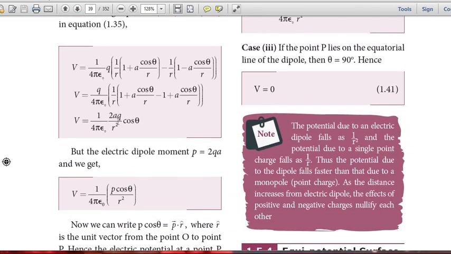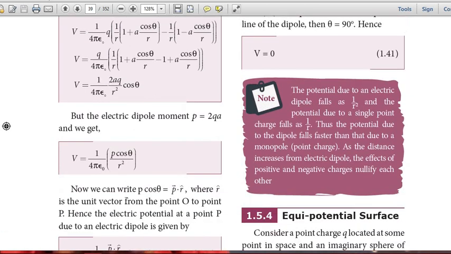We already know the formula for the electric dipole moment, p is equal to 2qa. So the term 2qa is replaced by p. So V is equal to 1 by 4 pi epsilon naught p into cos theta divided by r square.